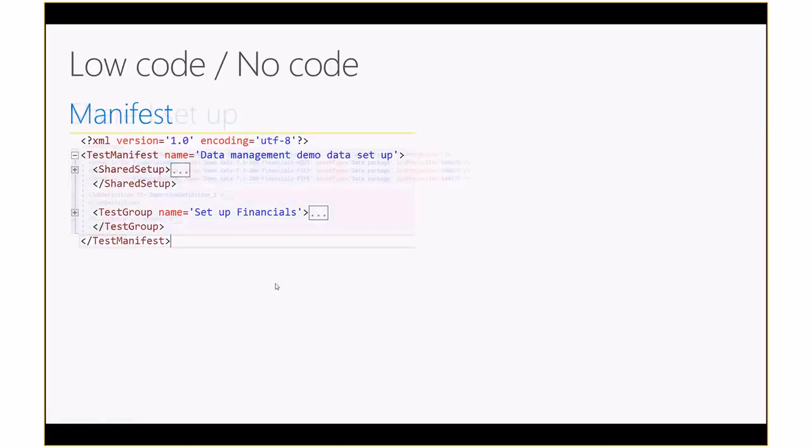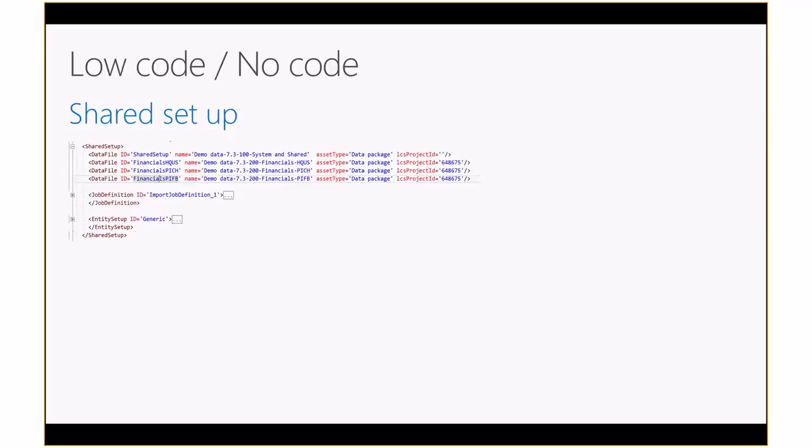Now, if we expand the shared setup, this is where the data is defined. If you look at the data definition itself, it takes the asset type and the asset name, and most importantly, it takes an LCS project as an attribute. The LCS project ID can be blank, and if it is blank, it means it is the shared asset library.